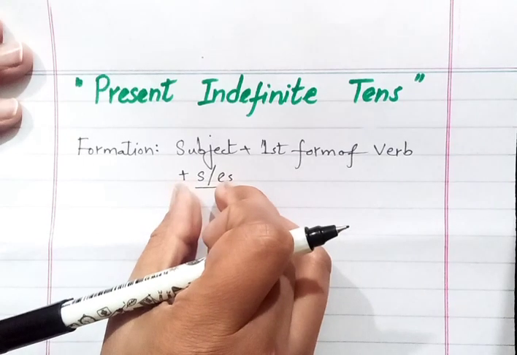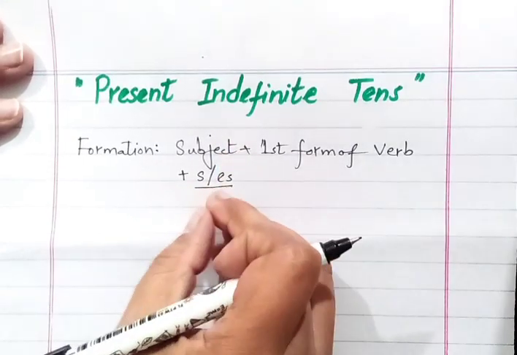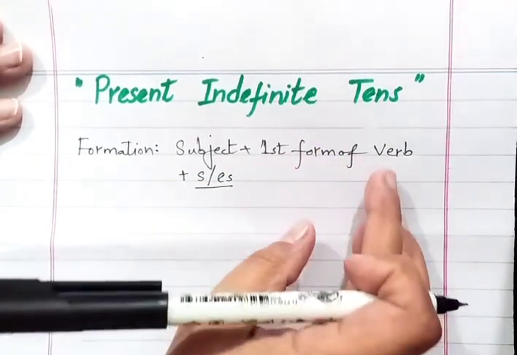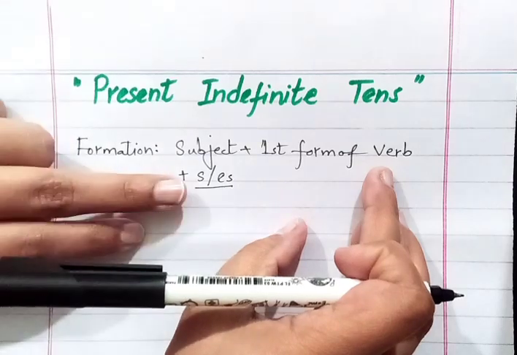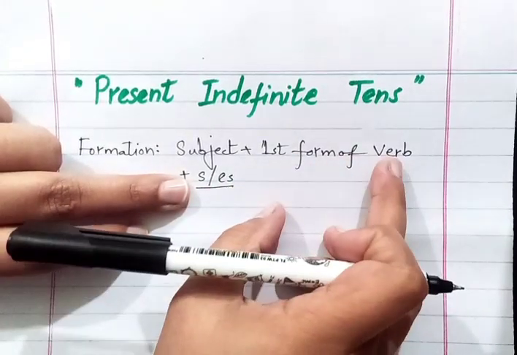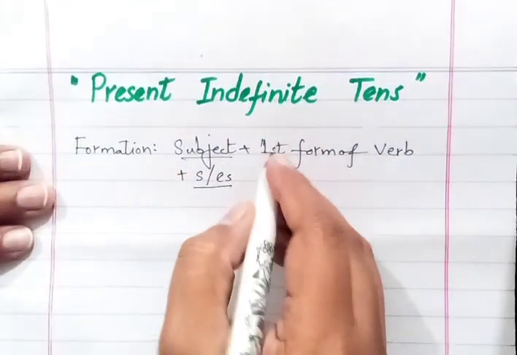This implies that according to the subject, we put s or es next to our first form of verb. We will put s or es next to our first form of verb according to our subject, right?